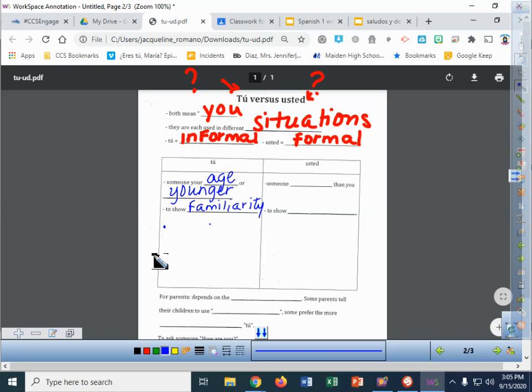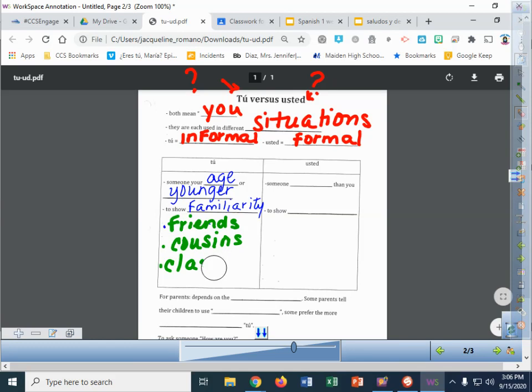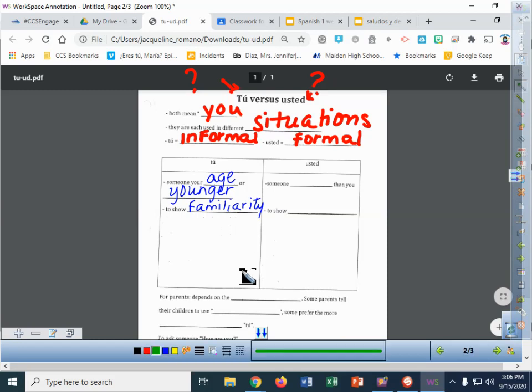So I use tú when I talk to my friends, when I talk to my cousins, my classmates. That's when I will use tú.